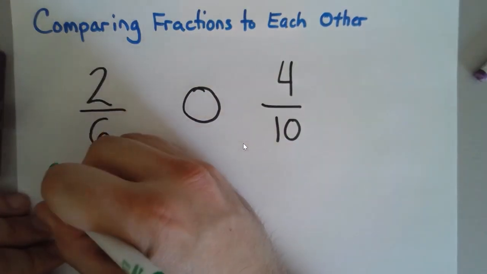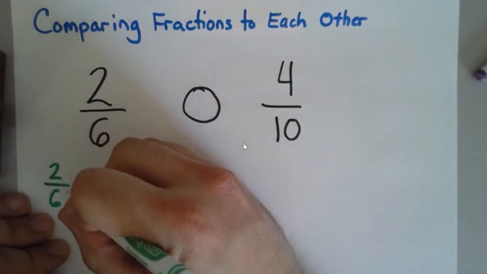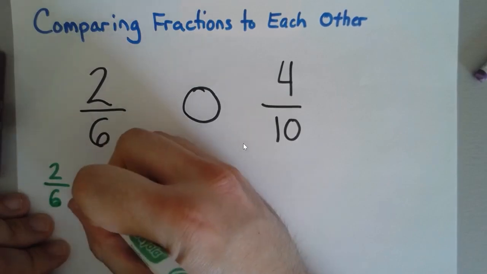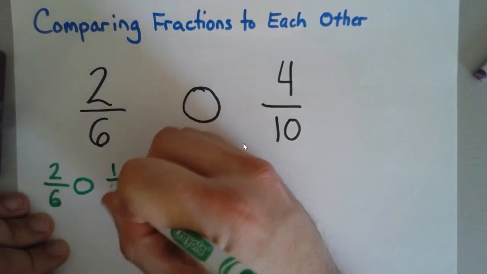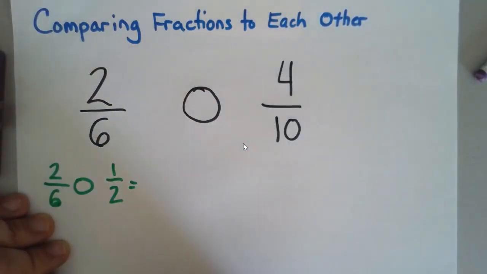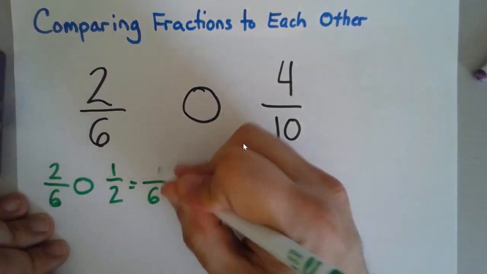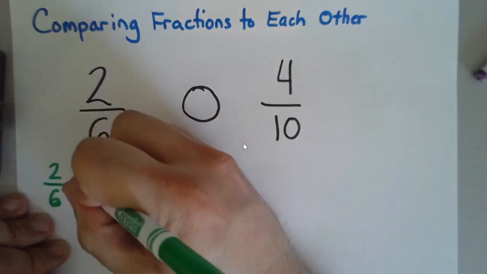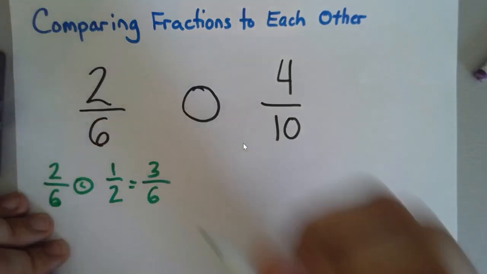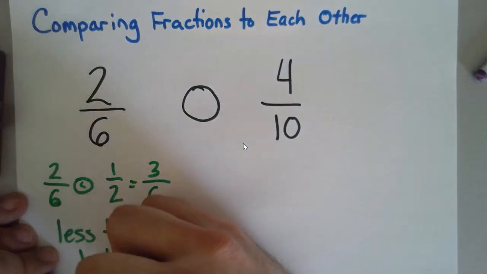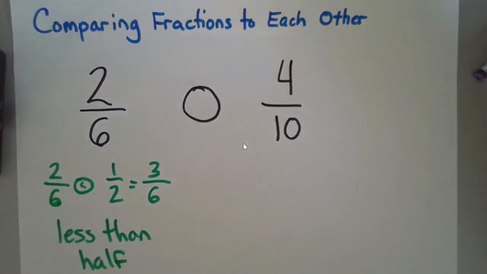Let's do it. 2/6 compared to 1/2. Fraction equivalent to 1/2 with a denominator of 6. That's 3/6. 2/6 is less than 3/6, less than half. I don't know what's so complicated about this one yet. Maybe you do, though. Let's try the next one here, 4/10.